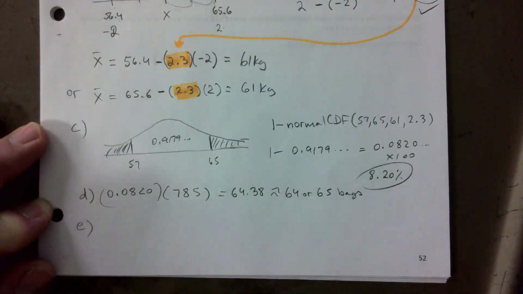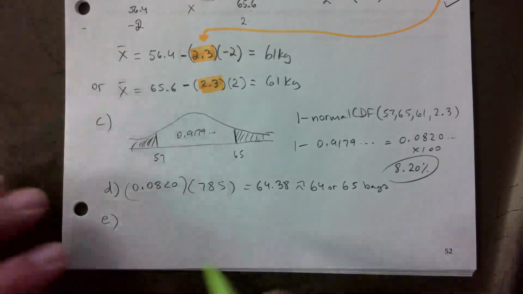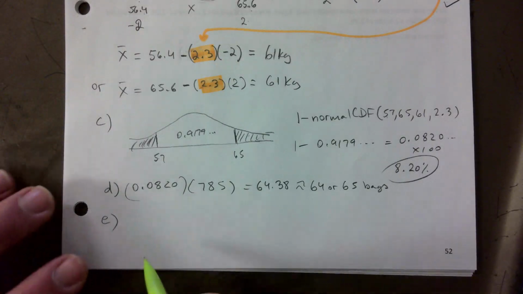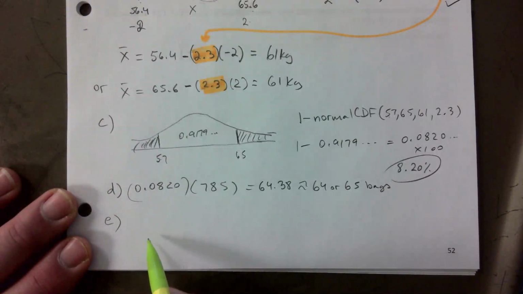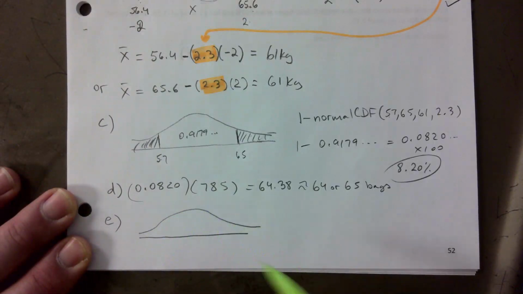E. And then I'll lead you to it. If you can read it, right? What weight would result in 55% of the bags weighing less than it? What function are you using in that case? Inverse norm. All right. I like to do a quick curve like this.